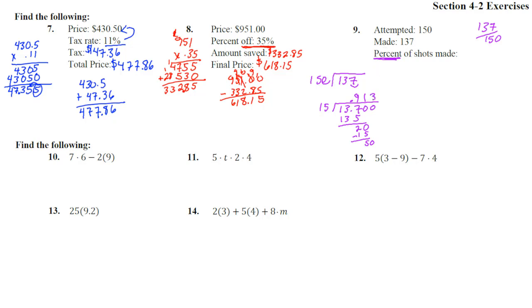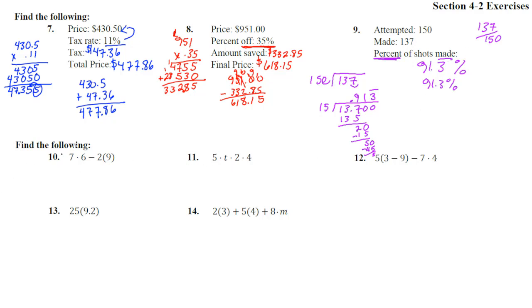So it looks like 3 times will give us 45, and we'll get a 5. So it keeps going like that. So if we move it 2 decimal places, we get 91.3 forever %. Or if you just round, you know it's going to be a 3, a 3, a 3. So if you ever stop and round, it will just be 91.3%. Either one of those answers would be perfectly fine.